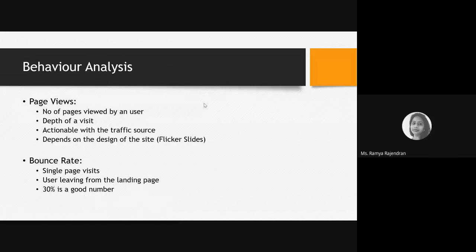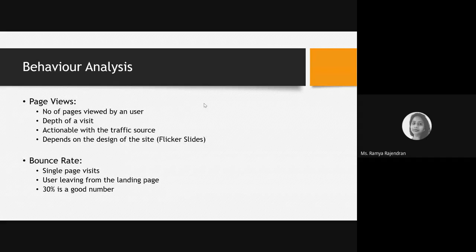Next comes a very important metric, which is the bounce rate. It's nothing but the number of single page visits, the visits in which the user leaves from the landing page without interacting with the page. If the user interacts by playing a video, answering a poll, using a slider, or closing a pop-up, then it will not be counted as a bounce.